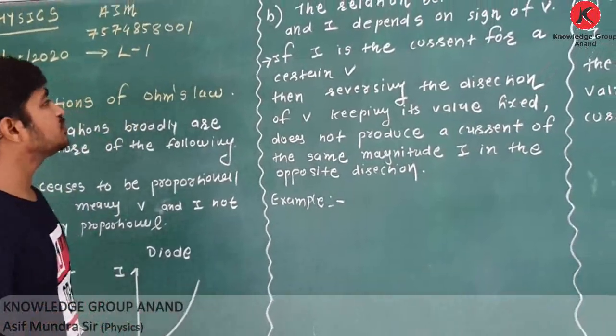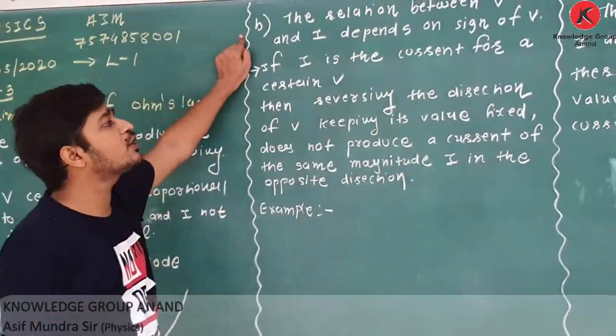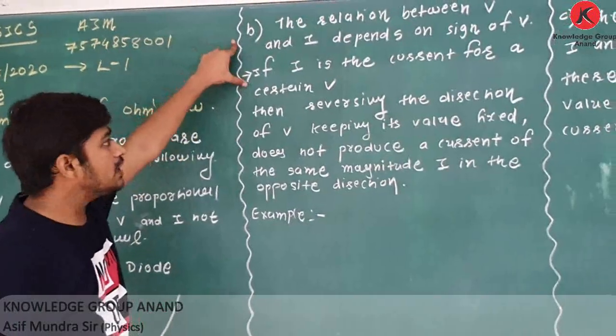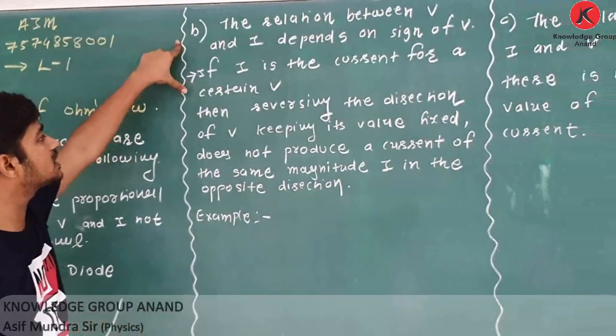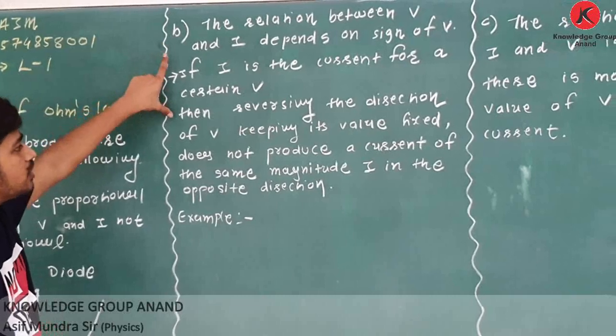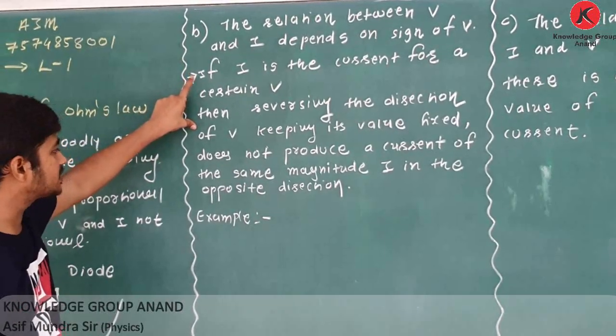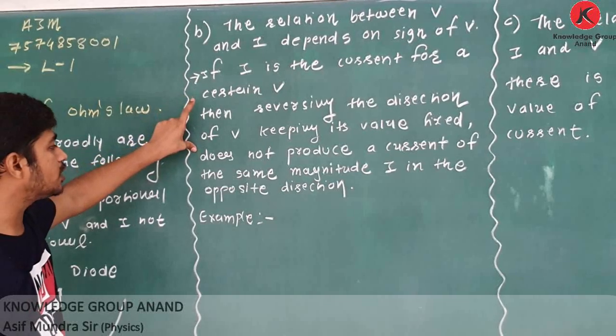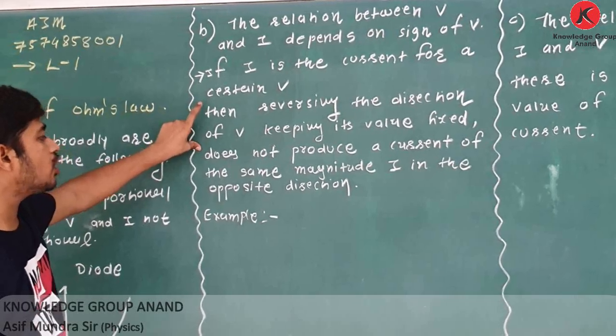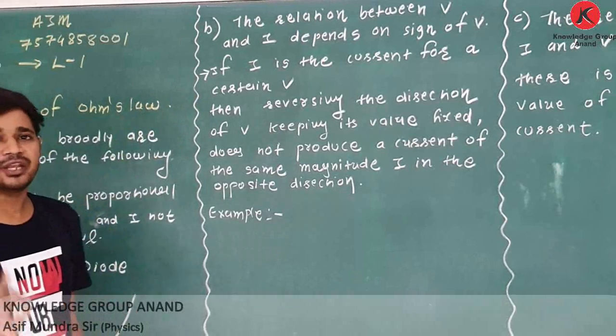Now second point. The relation between V and I depends on the sign of V. It means if I is the current for a certain voltage, then reversing the direction of V, keeping its value fixed, does not produce a current of the same magnitude I in the opposite direction. What is the meaning of this?